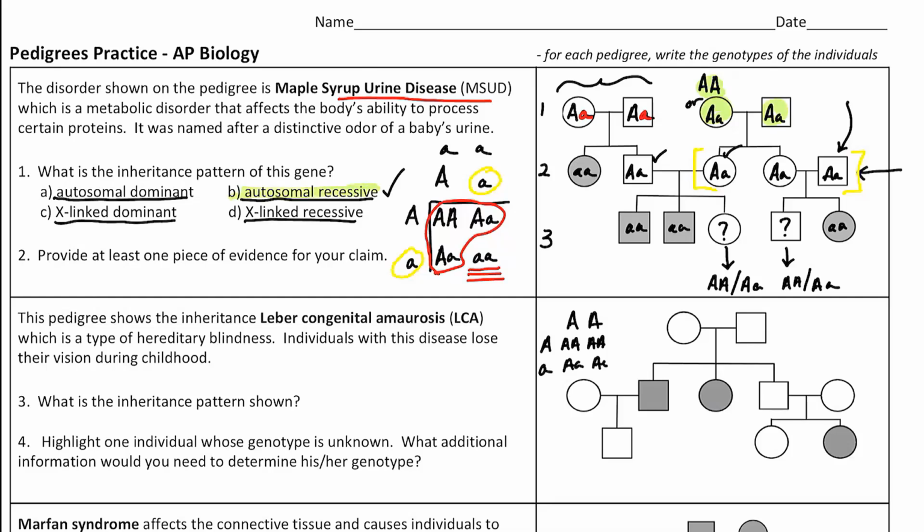Now the second part says provide at least one piece of evidence for your claim, and there are many ways to say this, but you could say that parents that have children that are inflicted will not have the disease themselves. So again, you could talk about how that works there.